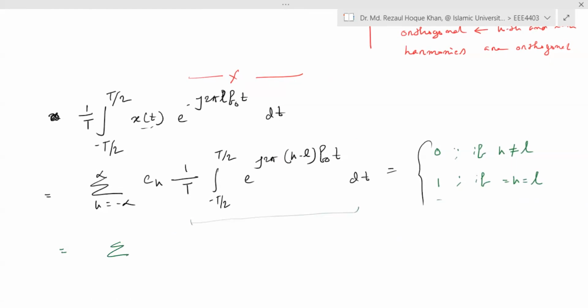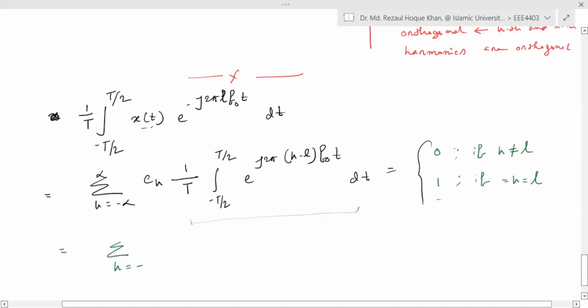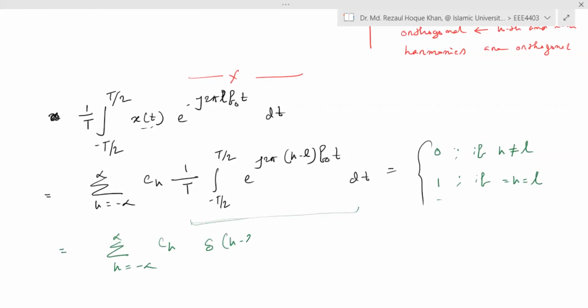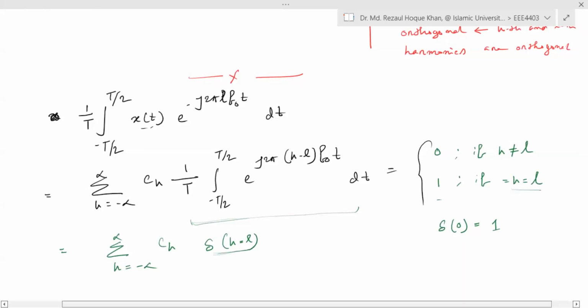So we can easily sum it as the sum from k equal to minus infinity to infinity of ck, and this whole portion we can write as delta of k minus L. You see here, delta 0 is 1 when k equals L, and when k is not equal to L, it is delta of n, which is 0.